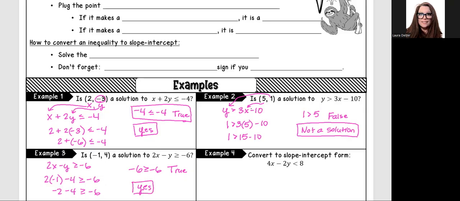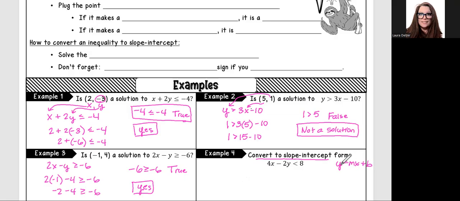Yay. All right. This one, it's not asking us to decide if it is a solution. It is just straight out asking us to convert to slope-intercept. We can do that. Remember, slope-intercept is written as y equals mx plus b. Well, this one has a less than sign.